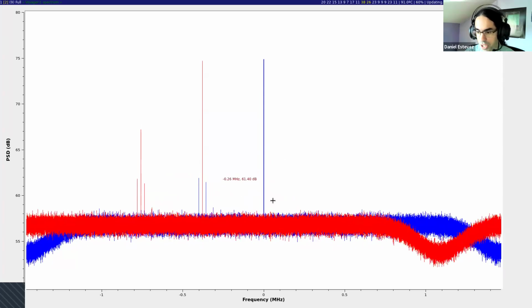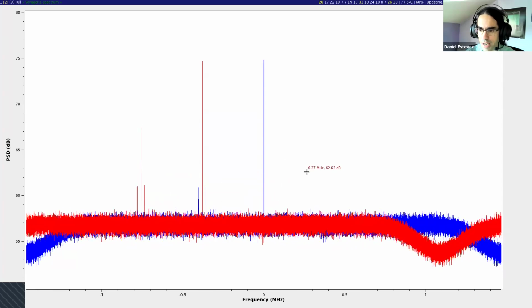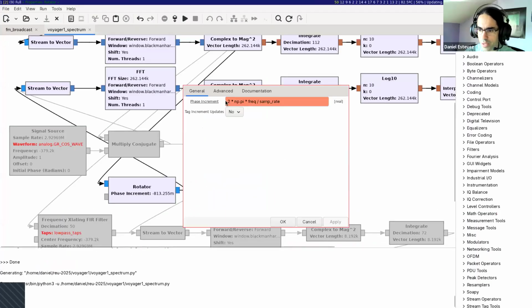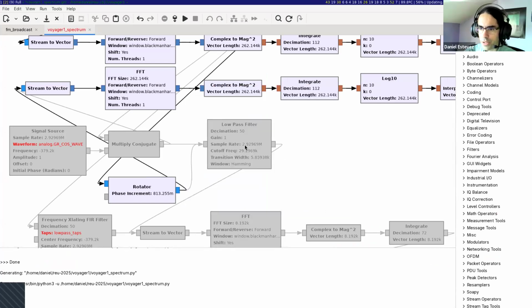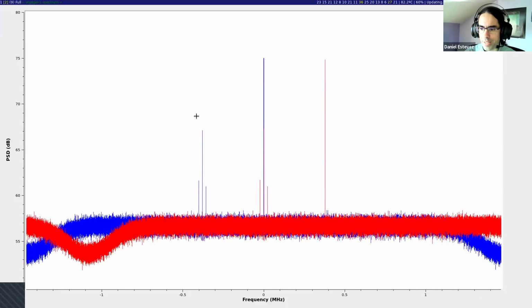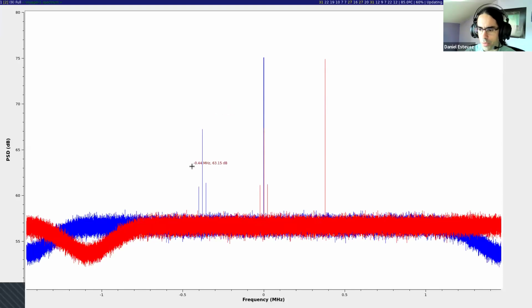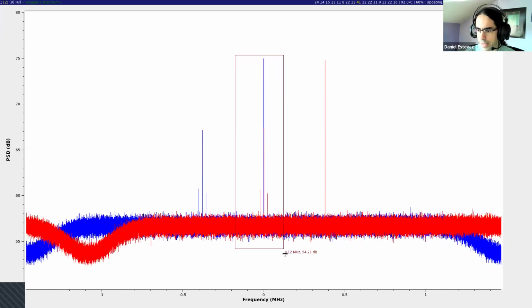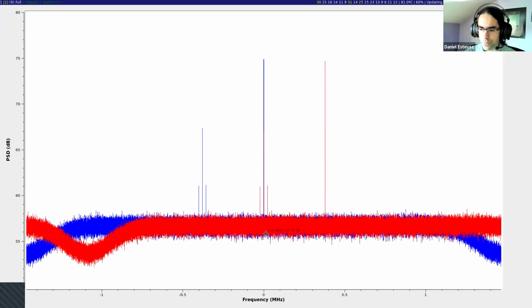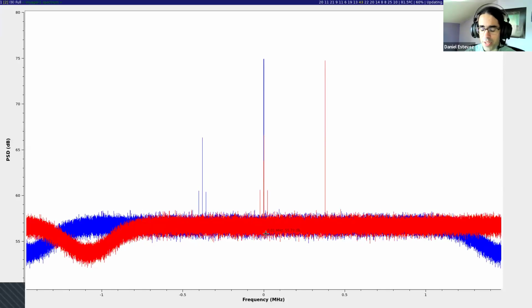We wanted to shift in the opposite direction, so a minus sign must be missing. That's another way you can figure this out without making mistakes. So hopefully that makes sense. Either way, multiplication with the complex conjugate or using this Rotator block, we can get the signal close to 0. Anything clear? Everything clear so far?